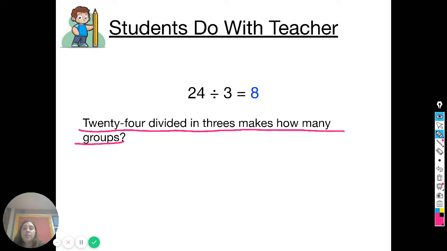And that's what we just talked about. 24 divided into threes ends up needing to be 8 rows.